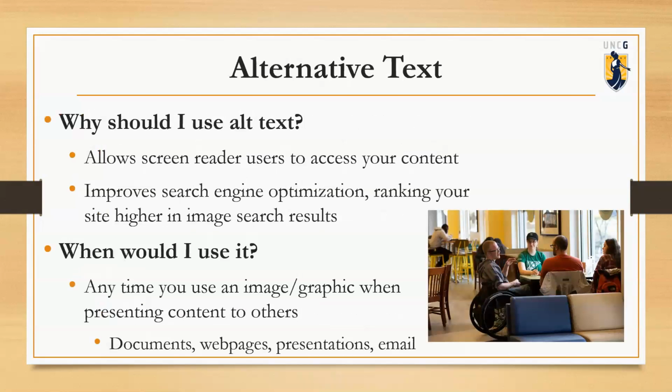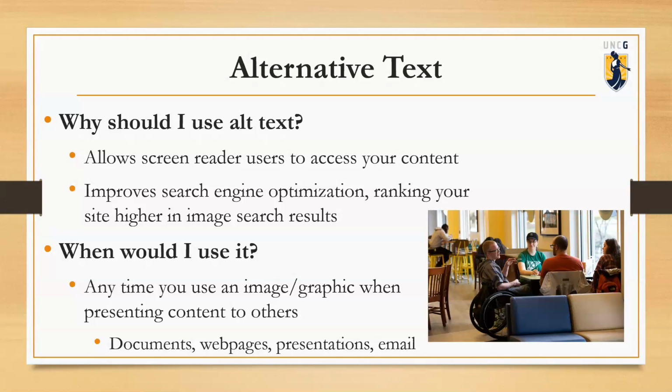So the next thing we want to talk about is alternative text. This is especially important for someone who's using a screen reader, because without it, you won't be able to access that image, and whatever it is you're trying to get across to the students by using that picture, they won't be able to see that.